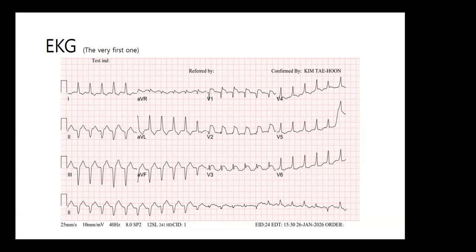Because you can look at it, V4 even has ST-segment elevation too. So I think it's just global myocarditis, more pronounced because of the unipolar recording of the precordial leads. And also I haven't seen this deep Q wave in V1 for a long time. It's very unusual.